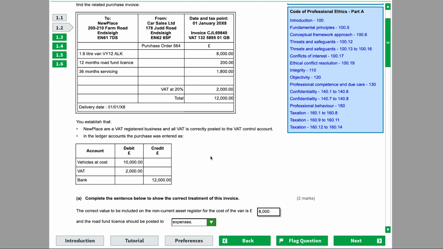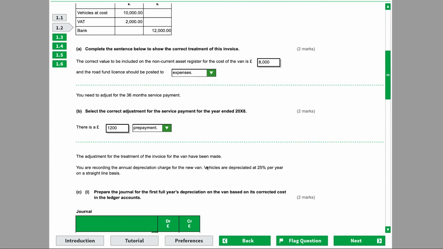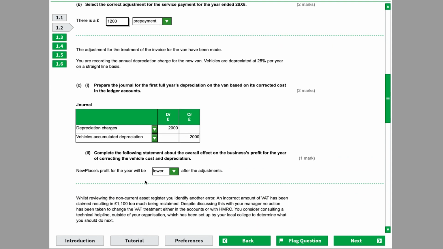So by correcting this, we've increased our expenses and therefore lowered our profit. So we can go back down, and like I said, that would be a lower profit as a result of making those adjustments.